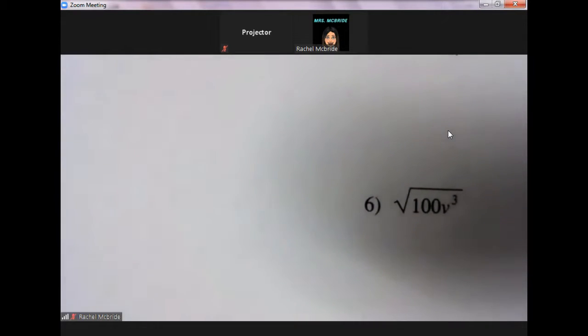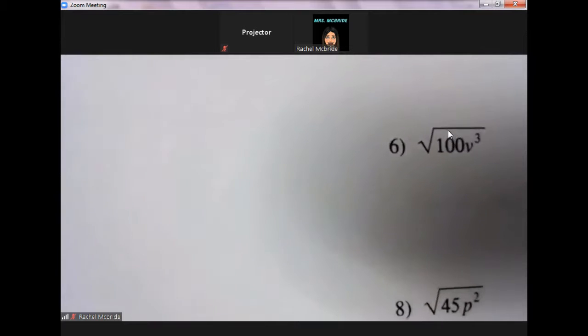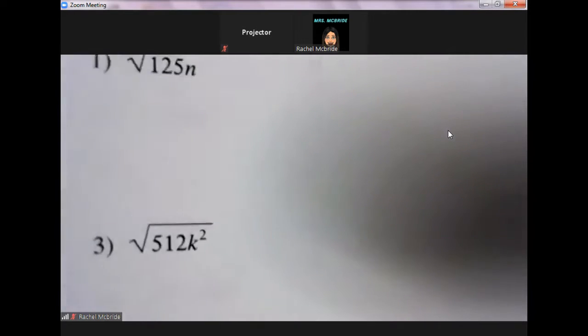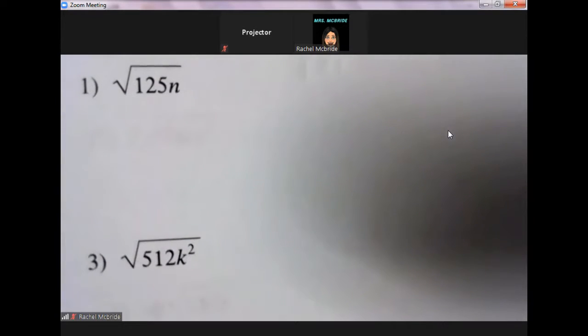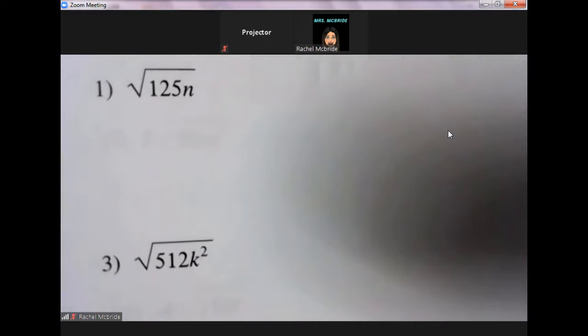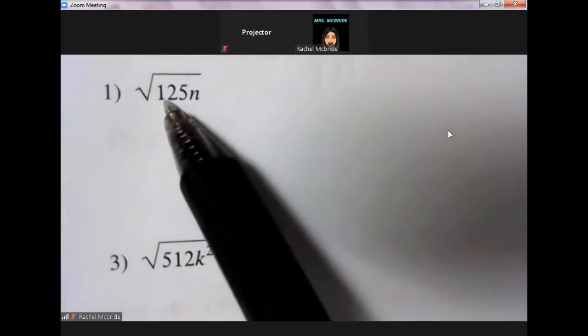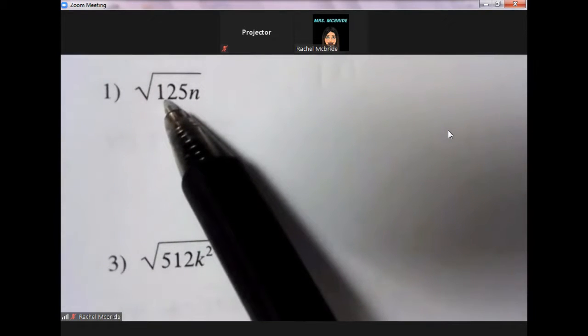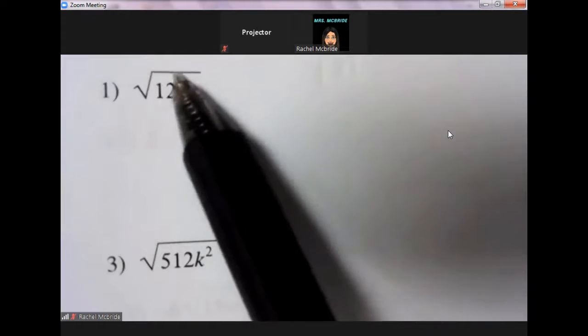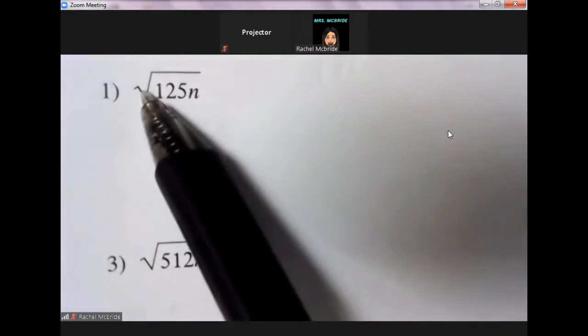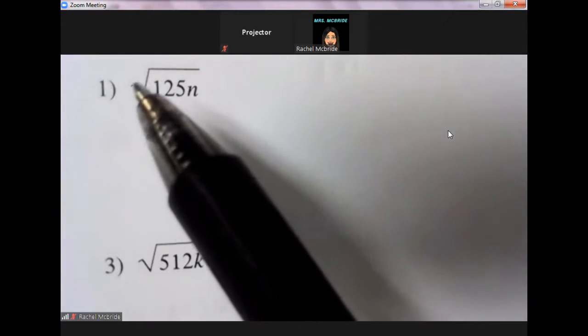You're doing 1 to 30 because you have 20 some plus minutes in class to work on these, and I know that they're a challenge. So again, you can ask me questions, or work independently. You're taking the number underneath, you're trying to find a perfect square that divides into it. You're trying to take these numbers and divide them by perfect squares, not just random numbers, but by perfect squares.